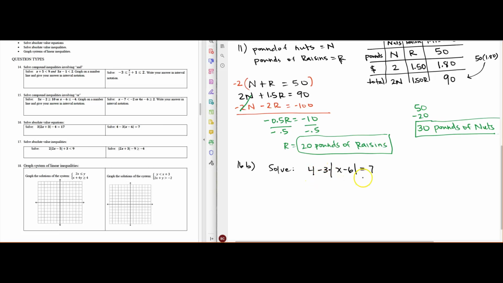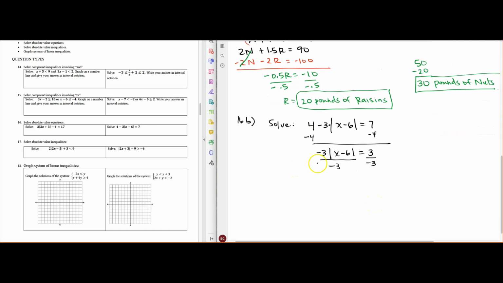And so when I'm thinking about how I would undo this, I'd want to subtract my 4 over first. And so then that will give me negative 3, absolute value of x minus 6 equals positive 3. And then I need to divide both sides by negative 3.